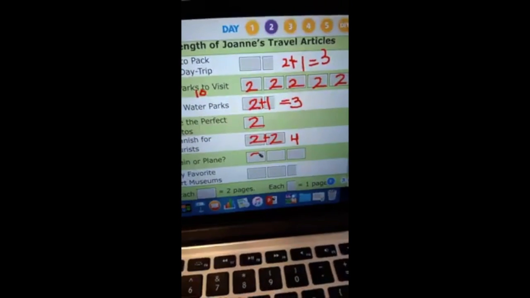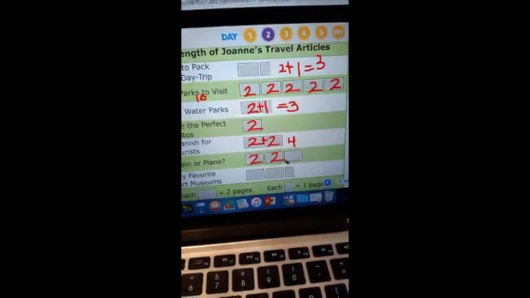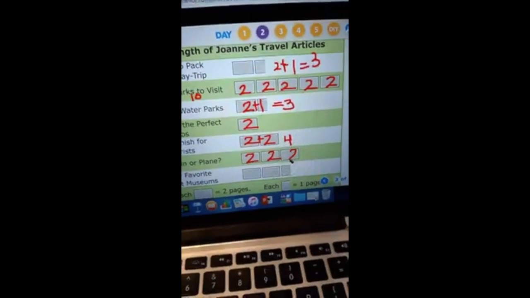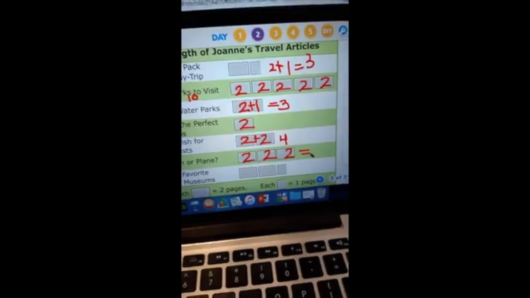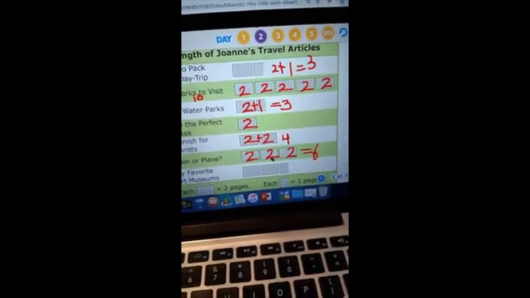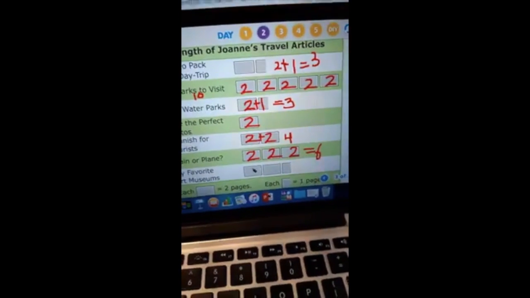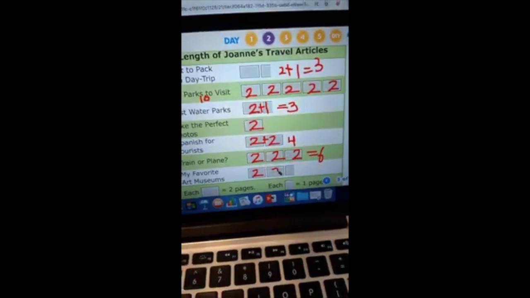All right, and then we have 2 plus 2 plus 2 equals 6. Because we're adding each page together. Then we have 2 plus 2.